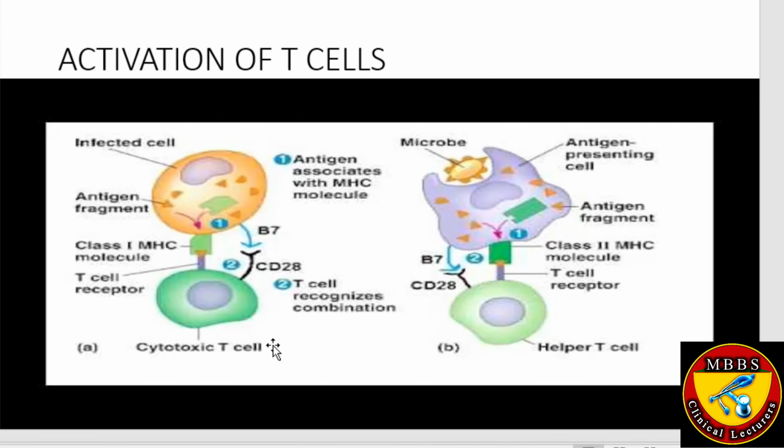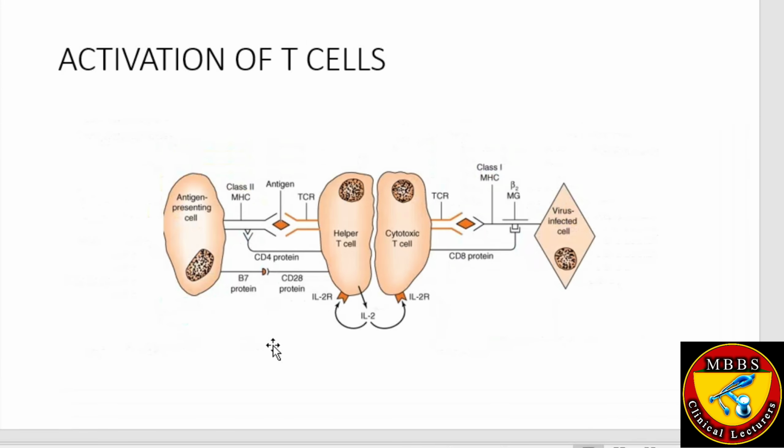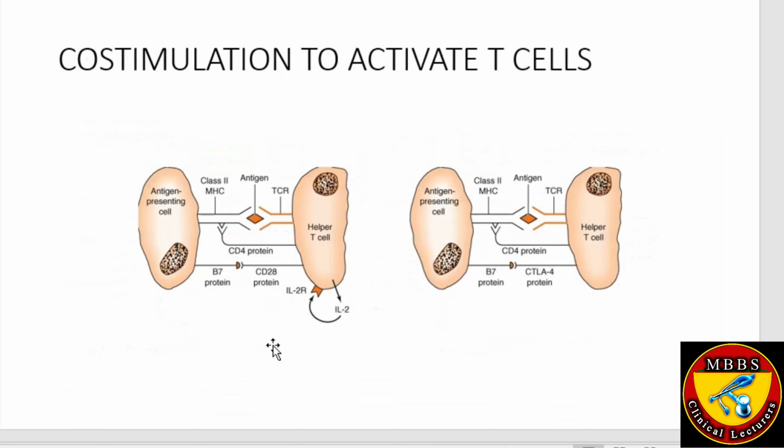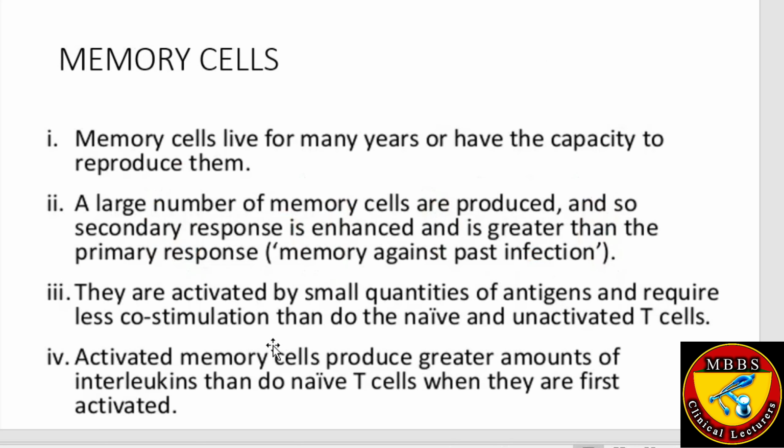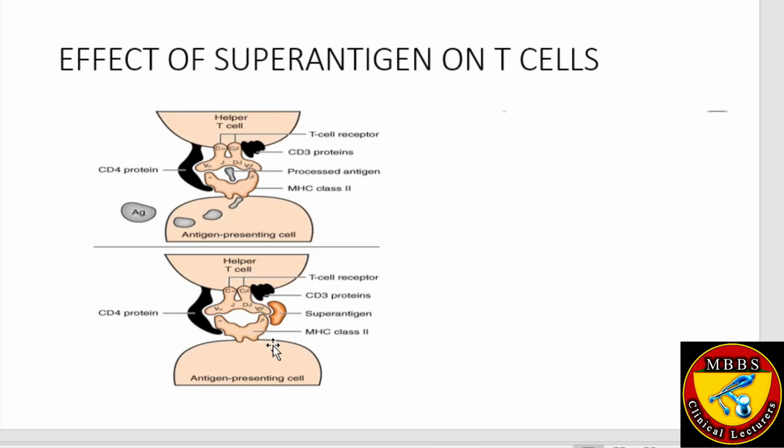We also discussed how the helper and the cytotoxic T cells are activated, the rule of 8, what co-stimulation is and its importance to activate T cells, what memory cells are and their significance, and what superantigens are and how they stimulate helper T cells.